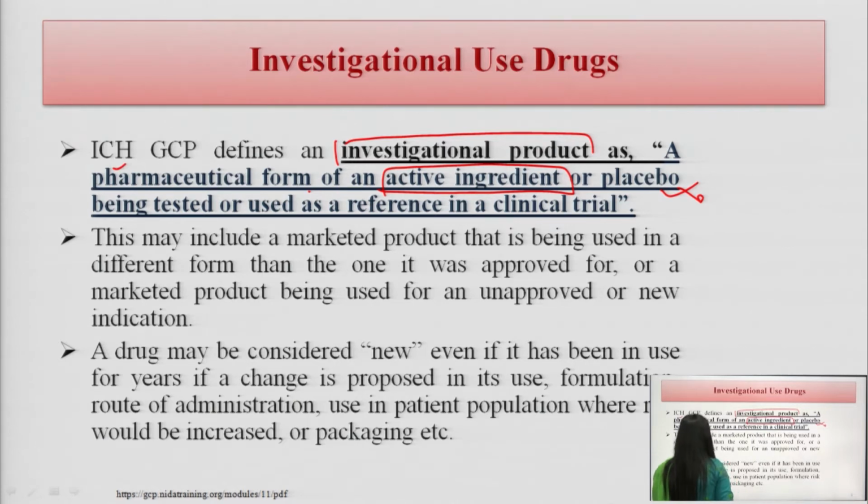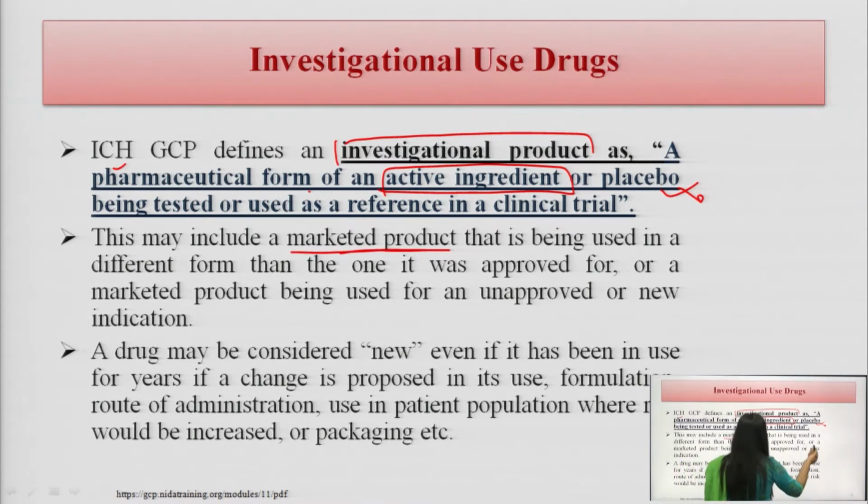What others, we'll discuss in the next section. We call it an investigational product. This may include any marketed product that is being used in a different form, meaning any formulation which is in the market as a capsule.